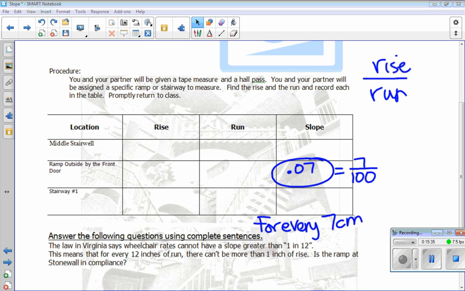So you should have 3 things I'm looking for for homework tomorrow, on Thursday. 3 sentences. 1, interpret the wheelchair ramp in context. 2, compare middle stairwell to stairwell 1. And 3, answer the question. Are we in code? Yes or no? And explain why. Don't just say yes, period, and call that an answer. Okay? Compare and answer it.